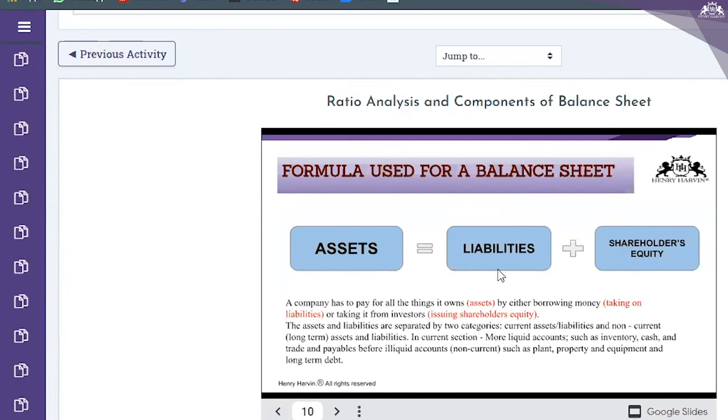On one side we have the liabilities and the capital, and on the other side we have our assets, and they both should add up. They should be equal. A company has to pay for its assets by taking on liabilities or taking money from investors, that means shareholders' money. Further, the assets and liabilities are separated into current assets, non-current assets, current liabilities, non-current liabilities.